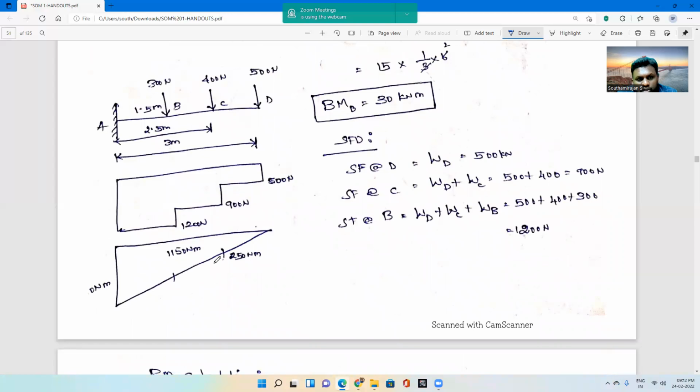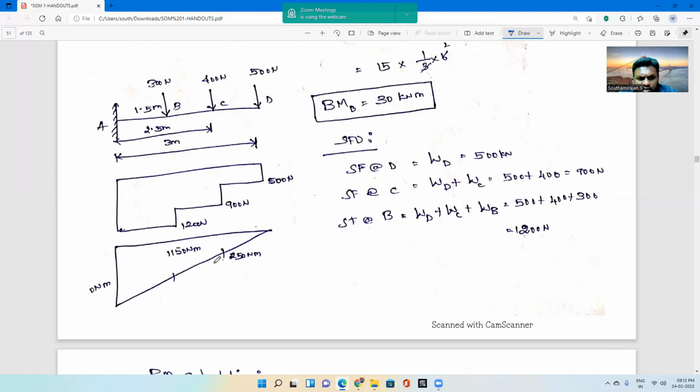Now we go through a sum where a cantilever beam has 3 point loads: at a distance of 1.5 meter from the fixed support, 300 Newton, and at a distance from the fixed support a magnitude of 400 kilonewton. Next will be 500 Newton at its free end. So this will be a different combination of point loads at different locations. These sorts of sums will be asked in the university question paper.